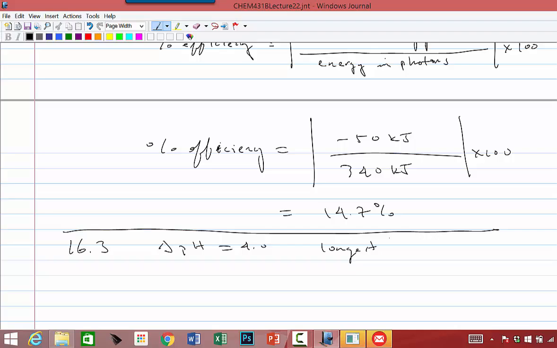They want the longest wavelength of light, and it's going to have to provide enough energy to pump 1 proton against the gradient.